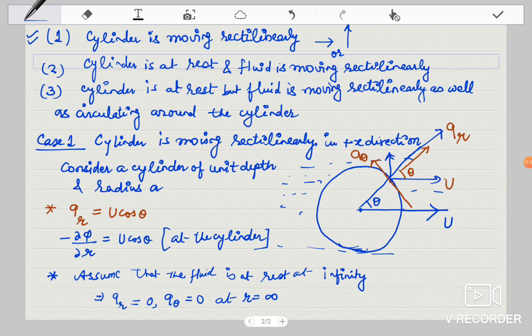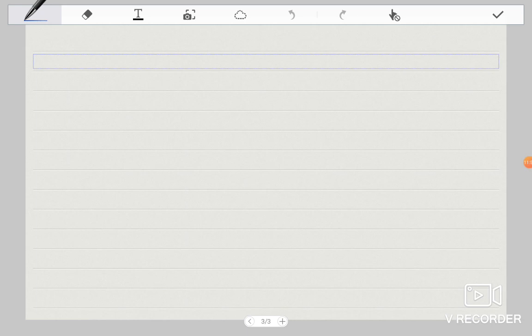Now, if I look at this condition, if I look at this QR, and if my delta phi delta r is like this, I may assume a form of phi. What will I assume? I assume that the most suitable solution for phi will be (Ar + B/r) cos theta.